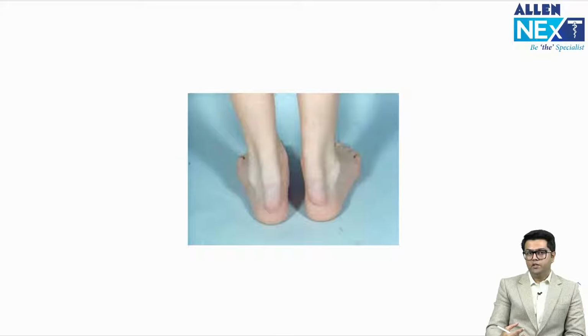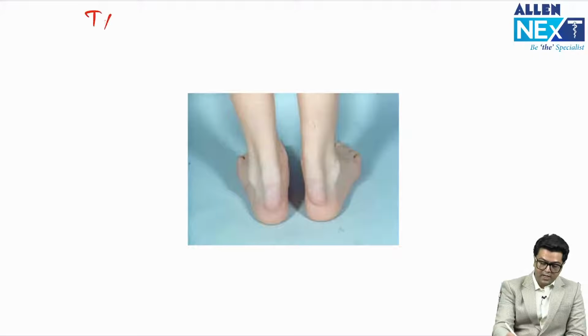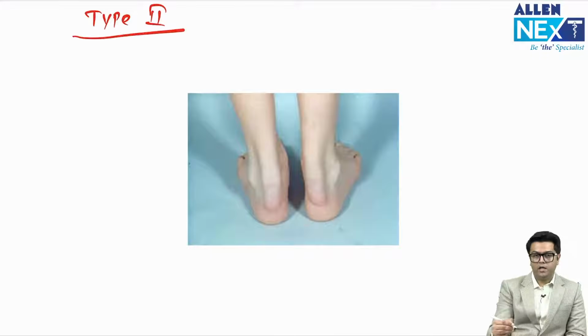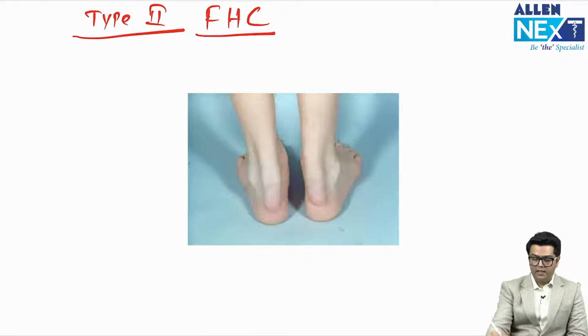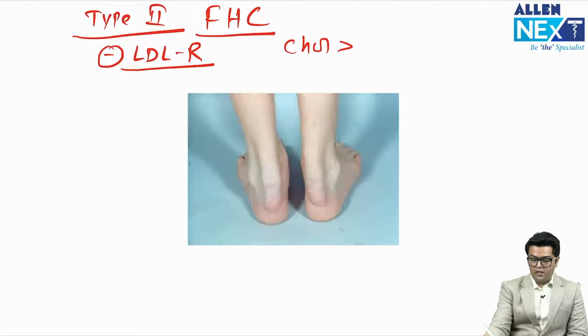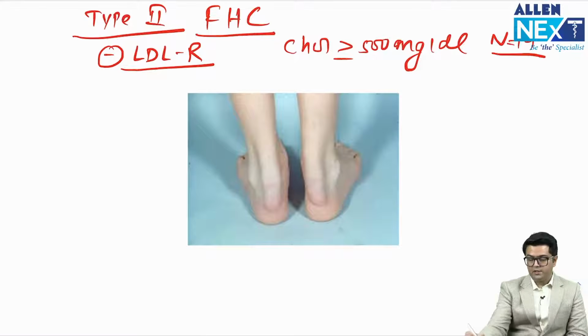One of the important features of the next type, that is called type 2. Type 2 hyperlipidemia or hyperlipoproteinemia is also called familial hypercholesterolemia, which is very important for the exams. In familial hypercholesterolemia, there is a deficiency of LDL receptors. Because of this, the total cholesterol levels may be equal to or more than 500 mg per deciliter, but normal TG levels are present.